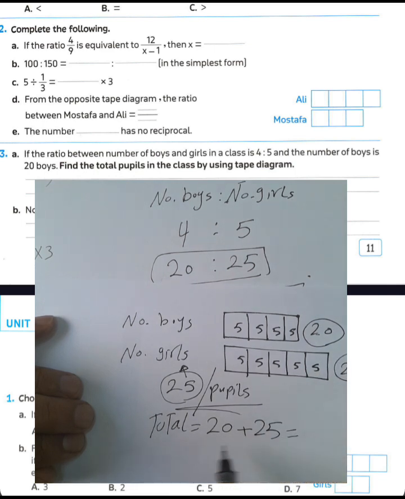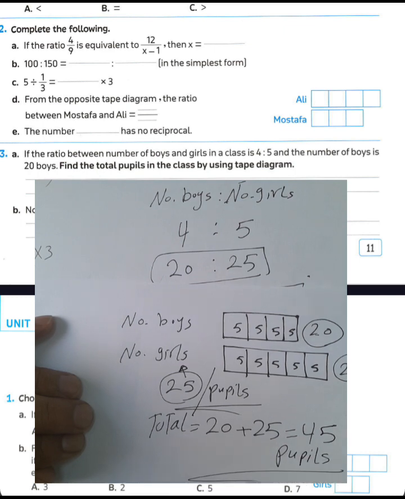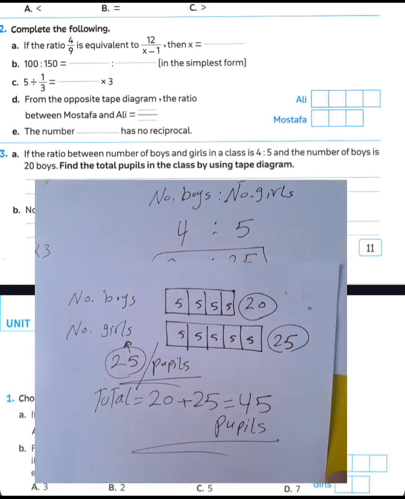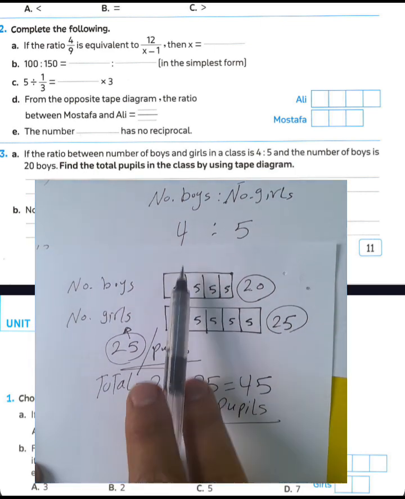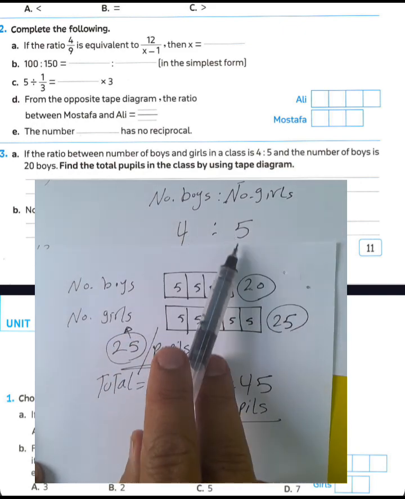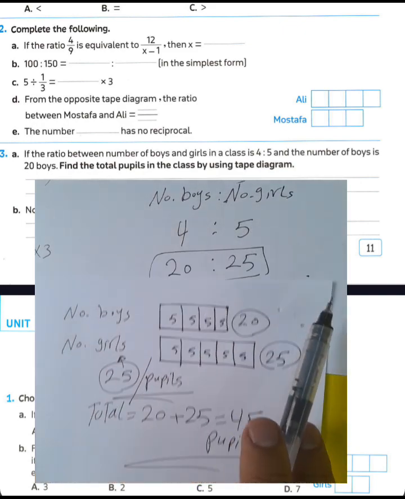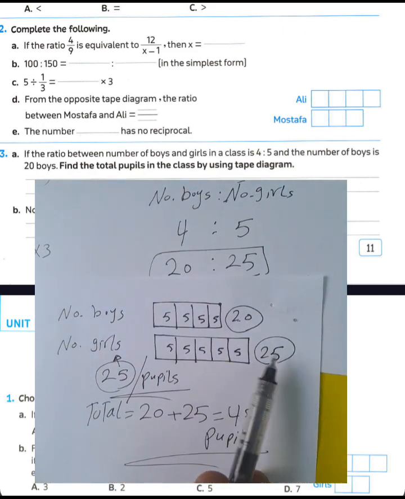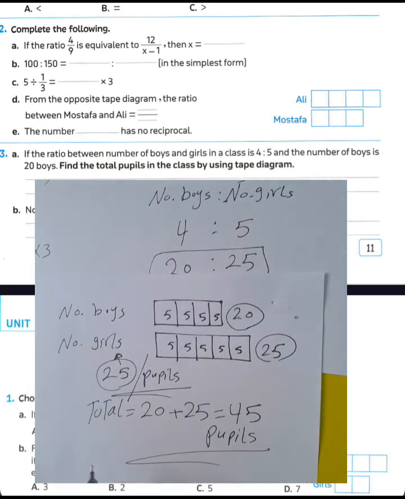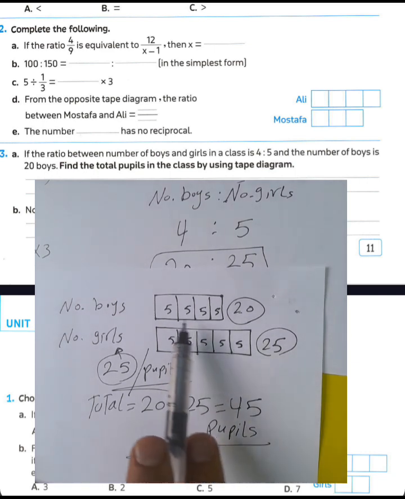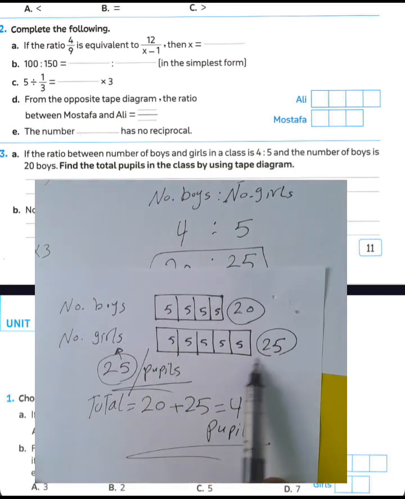And then you can add them. The result will be 45 pupils. Because he wants the result by using a tape diagram. Tape diagram means 4 parts here for the boys, 5 parts for the girls, and we have the number of girls 25. 25 divided by 5 equals 5. 20 divided by 4 equals 5, and then you can find the number of girls 25. The sum of them will be 45.